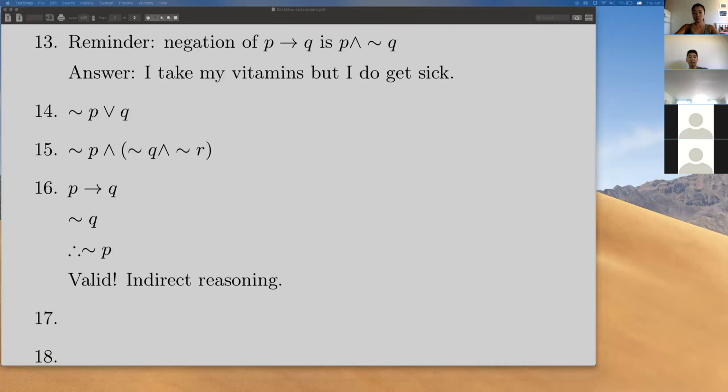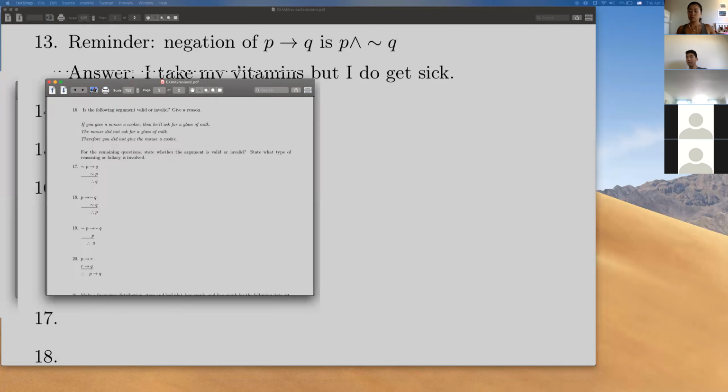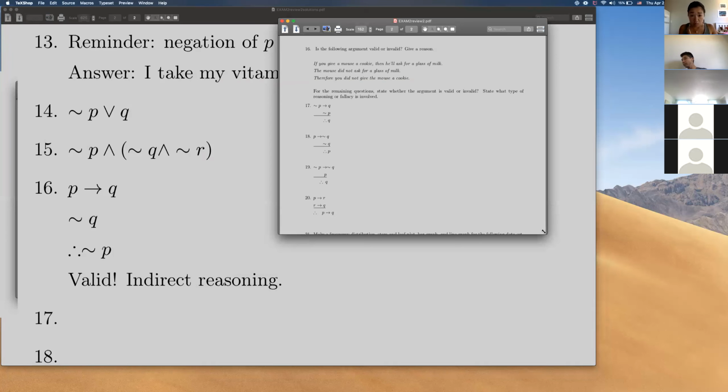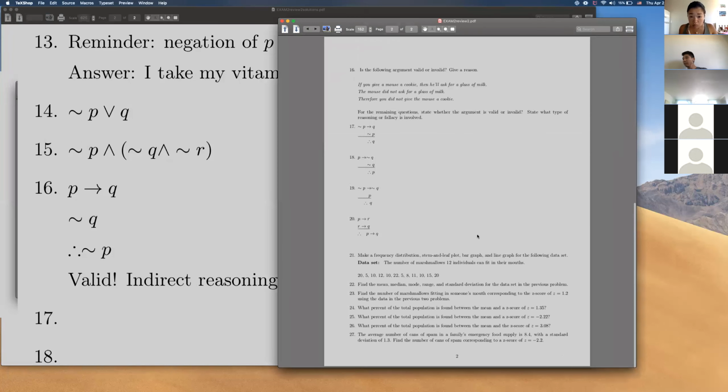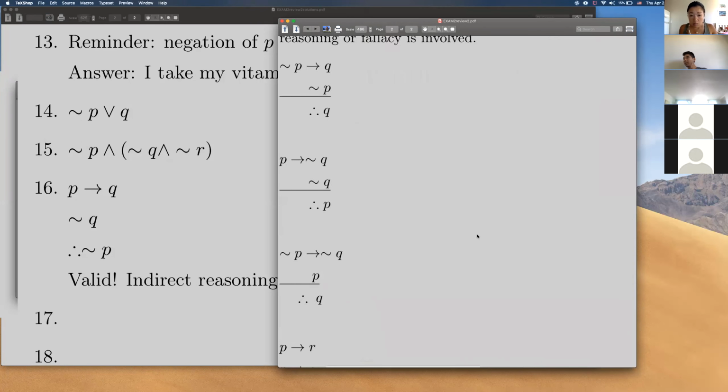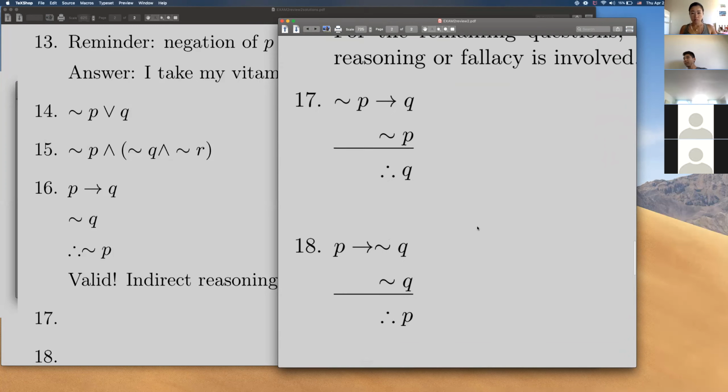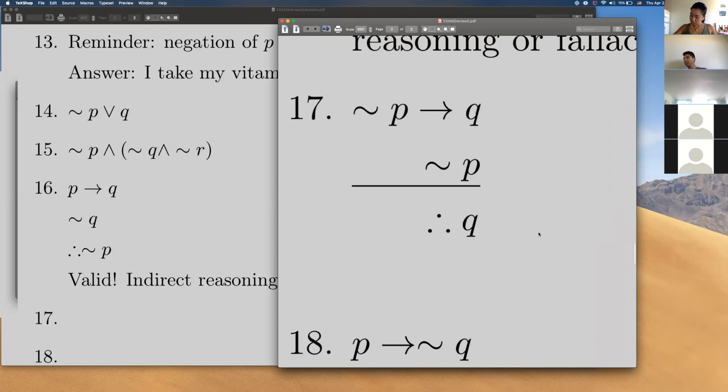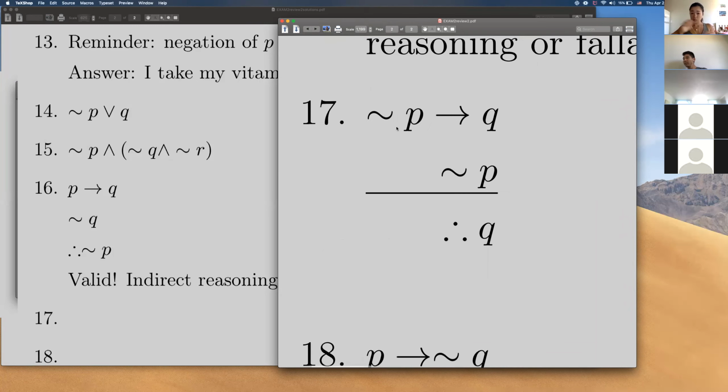Okay, number 17. These ones I'm just going to look at with you together. All right, here I have the left side, not P, the right side, Q. This here is the left side again, right?